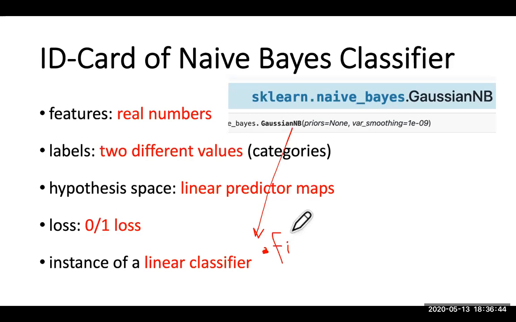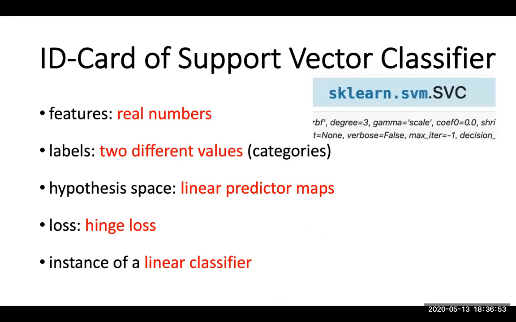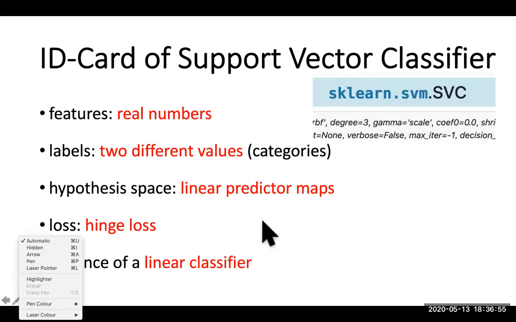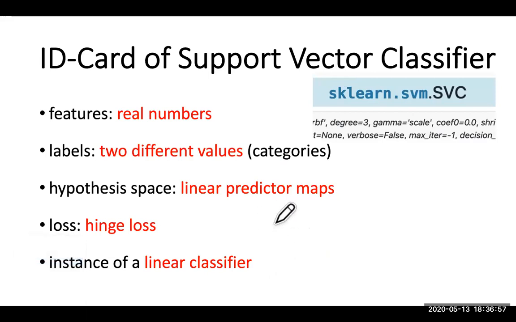Yes, fit. So dot fit, this method for this naive Bayes classifier, also for support vector machine, in this function, the predictor with minimum loss is found.